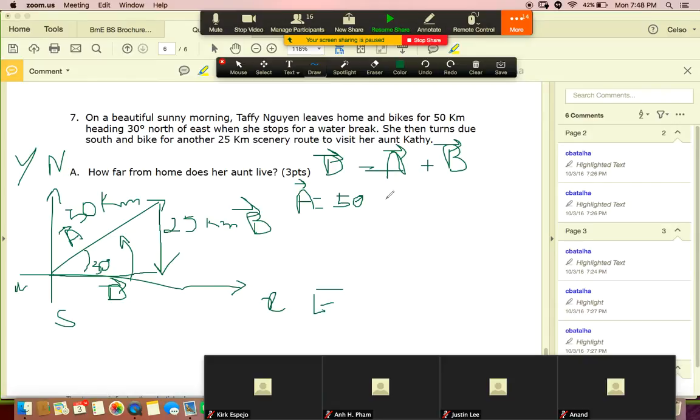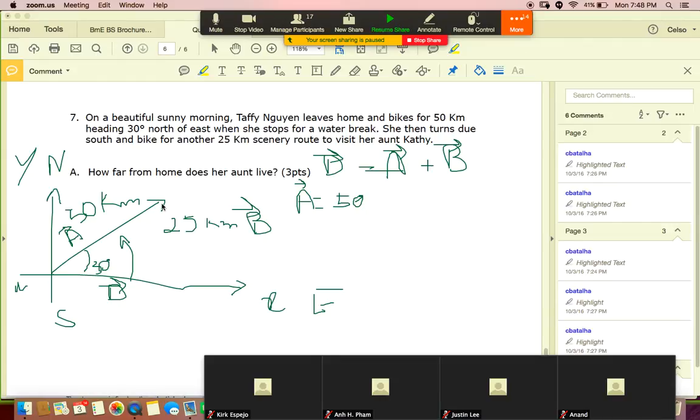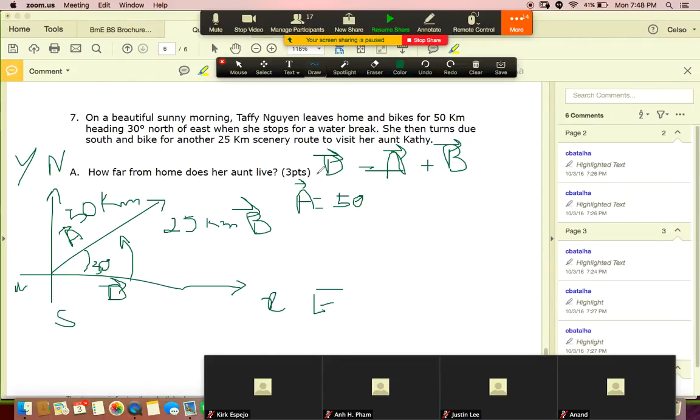No, how can we? We don't know where this 25 ends. You have no idea. For all I know, the 25 kilometers could end right here. So how are you going to write a Pythagoras theorem here? You could, if you know what this is and what this is.